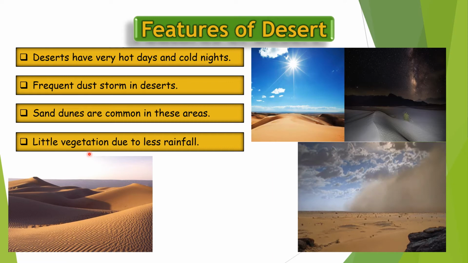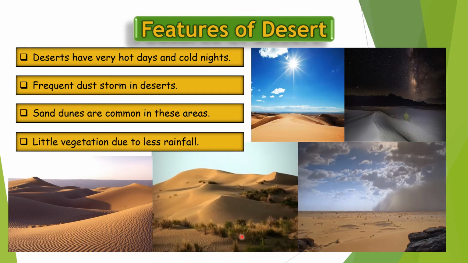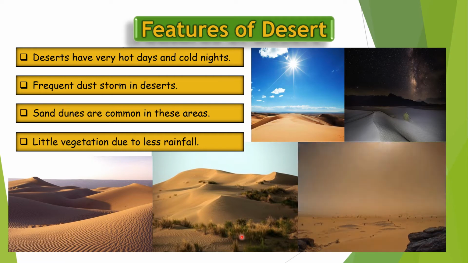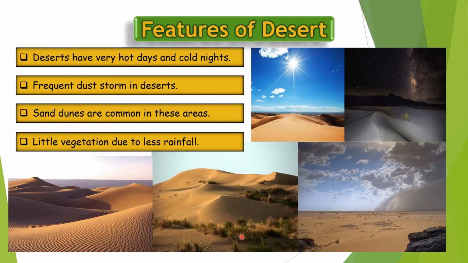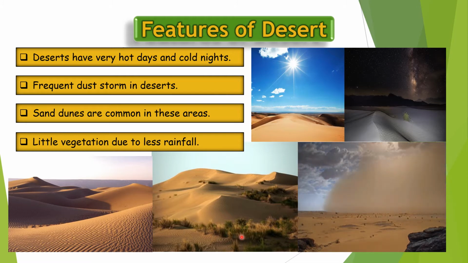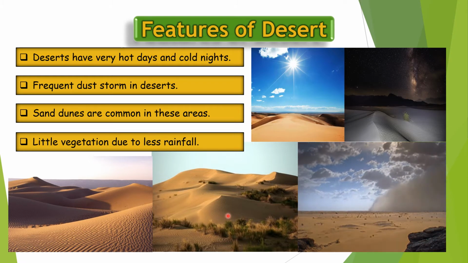Little vegetation due to less rainfall. As we have already discussed, children, a desert area receives very less rainfall. Rainy season is for a very short period. So as a result, the climate here is dry.